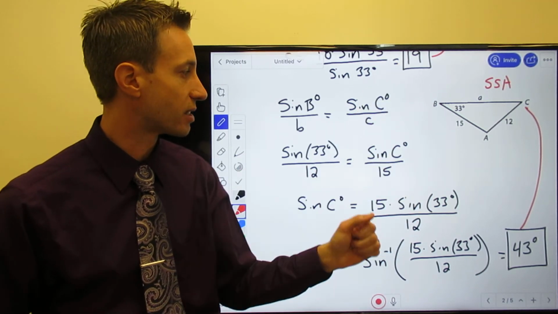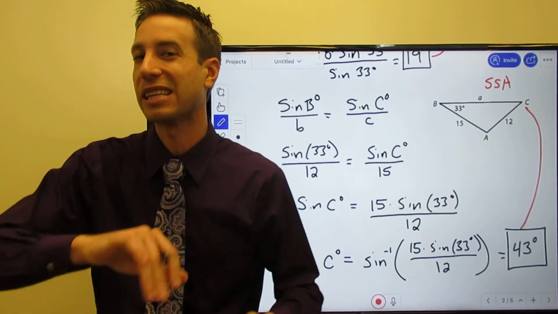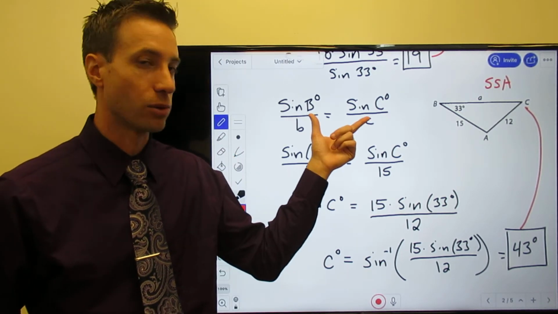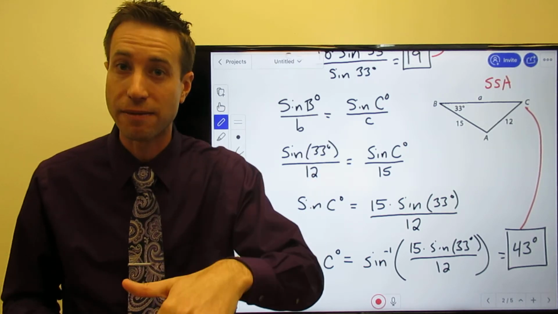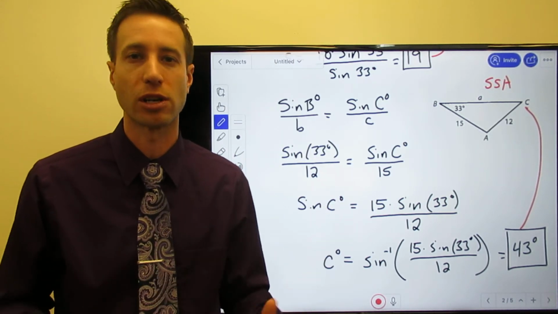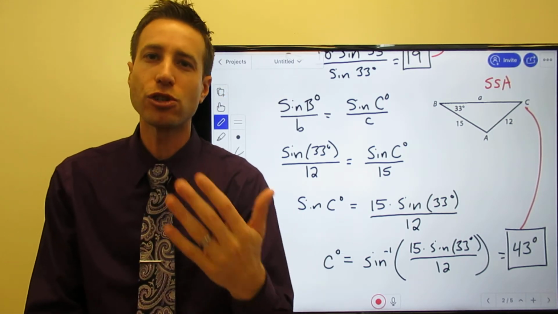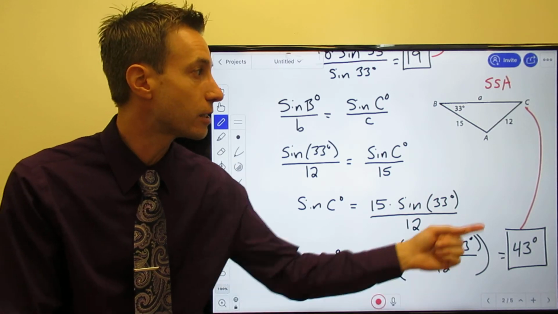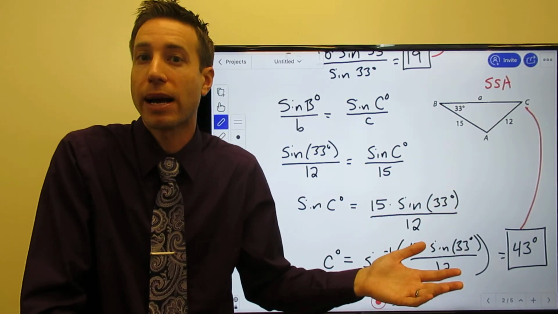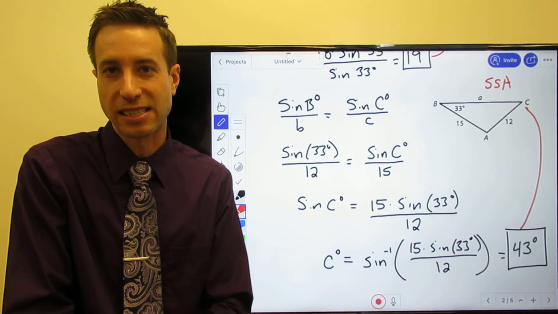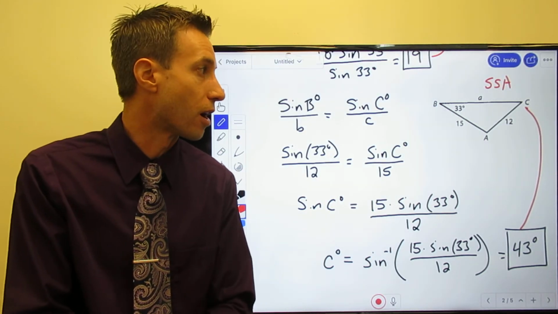Whether you're solving for a side or an angle, it's all stuff that we've done in previous chapters, going back to the sine function and inverse sine function, as well as solving proportions by cross multiplication. So we're using a lot of algebra and geometry that we've already looked at, and now applying it to triangles that don't have a right angle. These are non-right angle triangles, and the law of sines is still going to allow us to solve for unknowns.